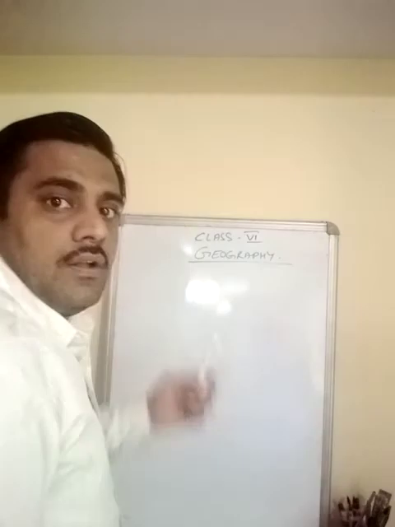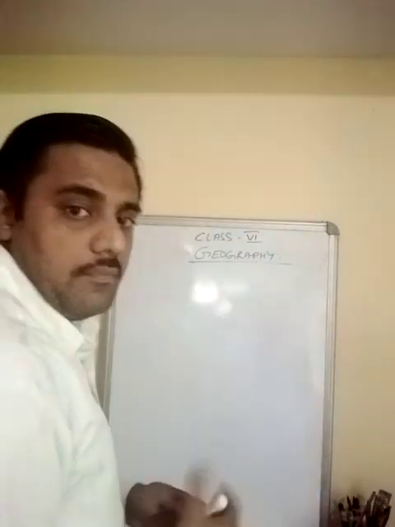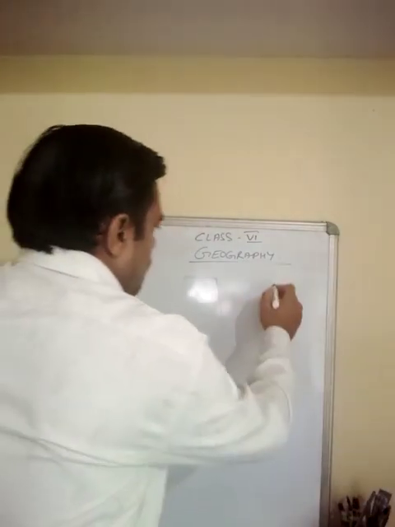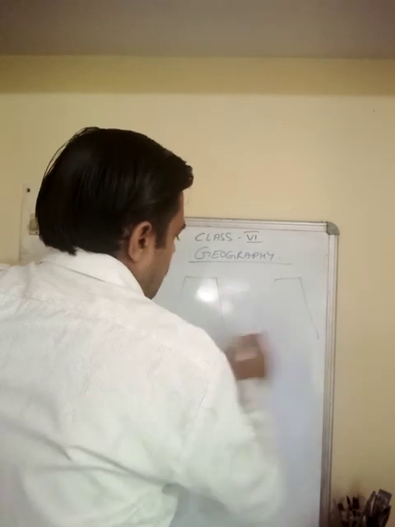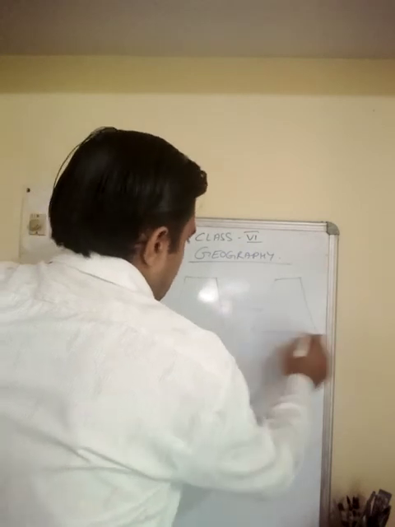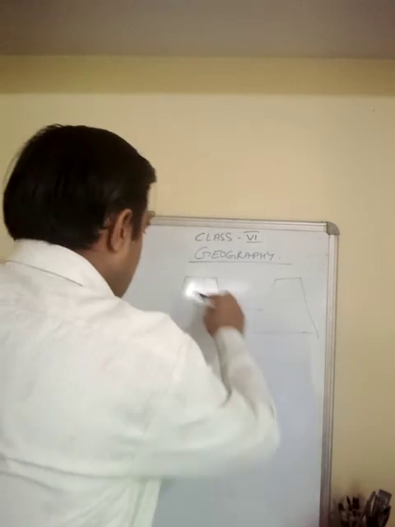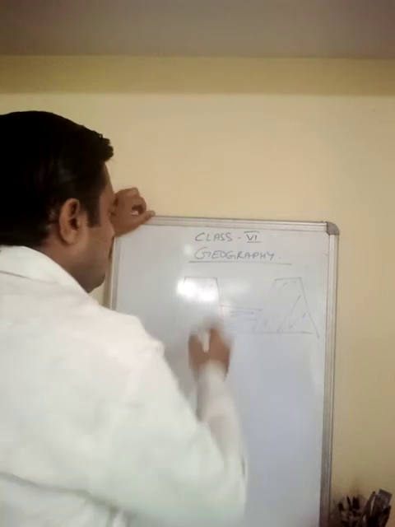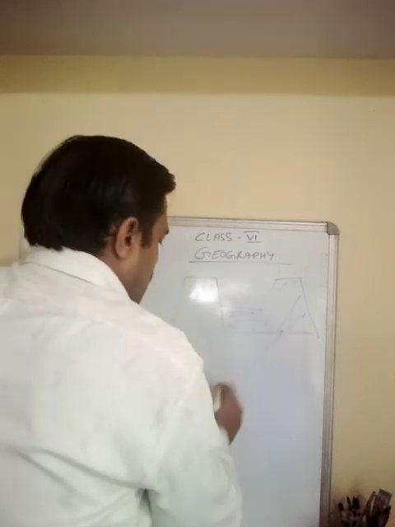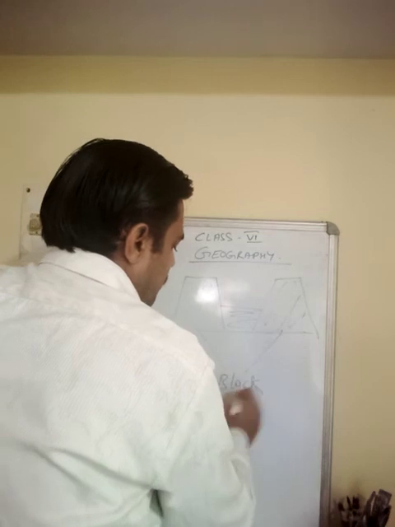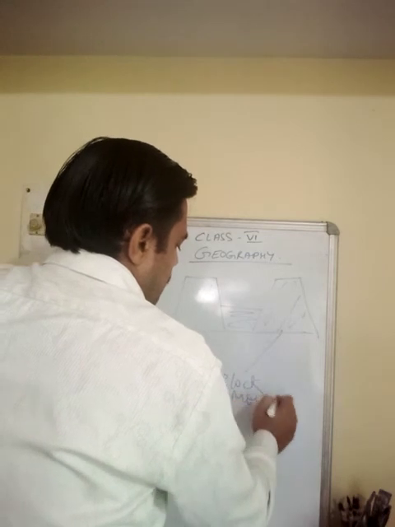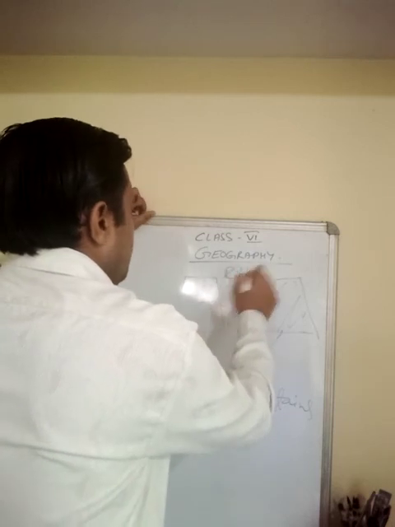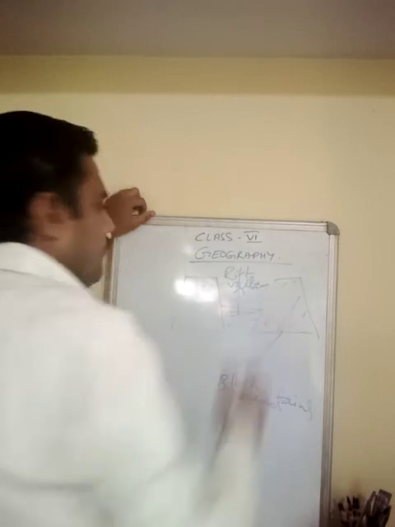Also, children, block mountains and rift valleys. You can shade this part and this part. These two are block mountains, and this one here is the rift valley.